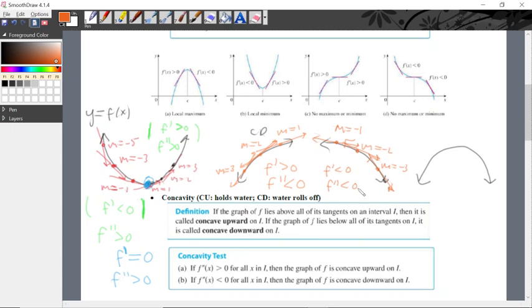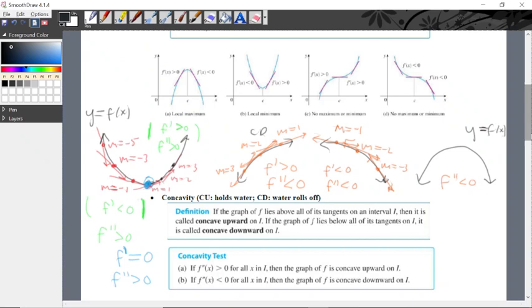So the second derivative is less than 0. Anywhere where the second derivative is less than 0, the shape of the curve along that region is concave down. So let's say this is a graph of y equals f of x right here. This is concave down.